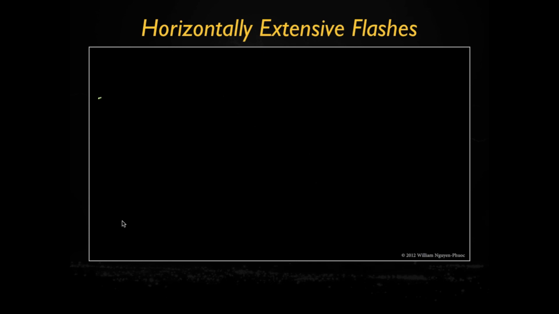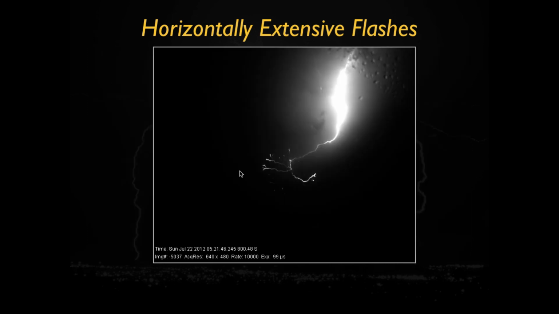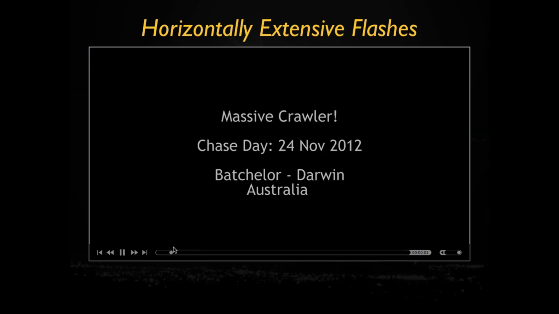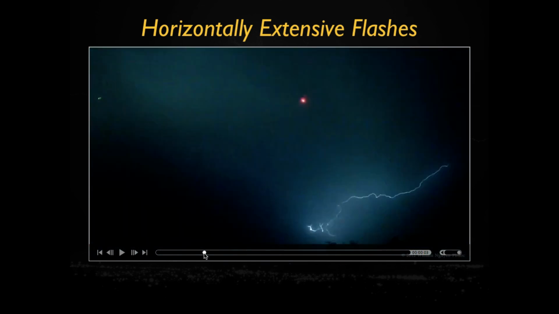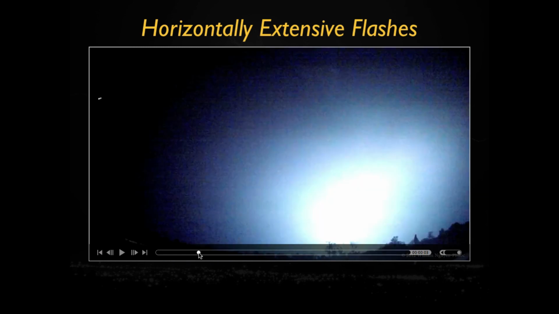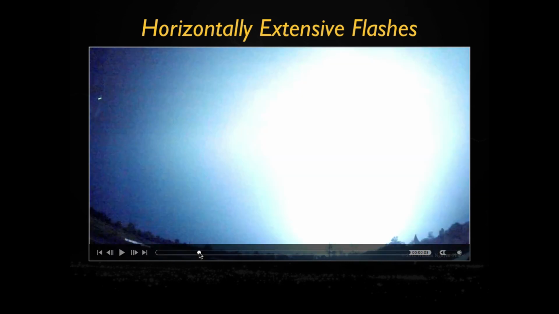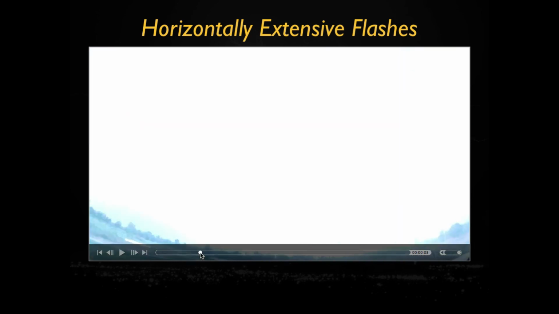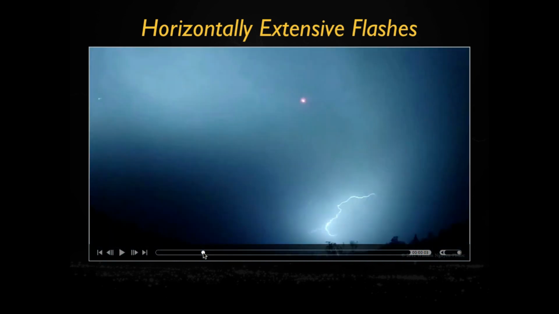So what we think is going on here is we get a positive CG return stroke that causes this initial saturating brightness. And this bright saturating luminosity that travels overhead is actually above cloud base.